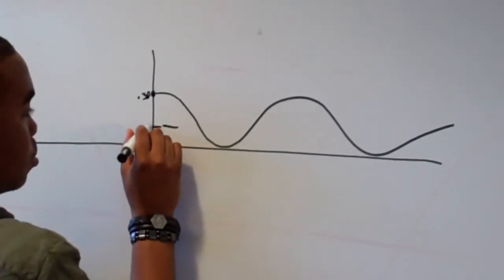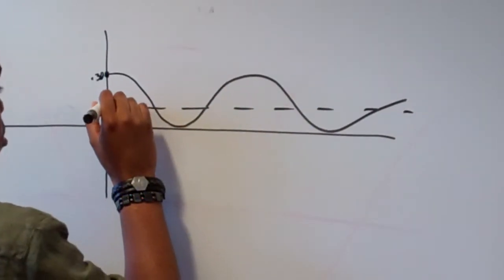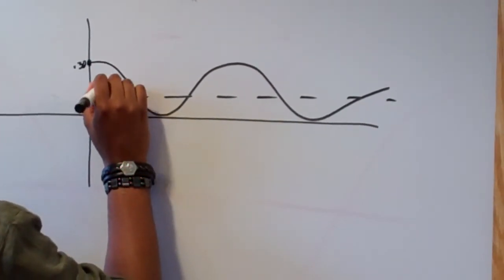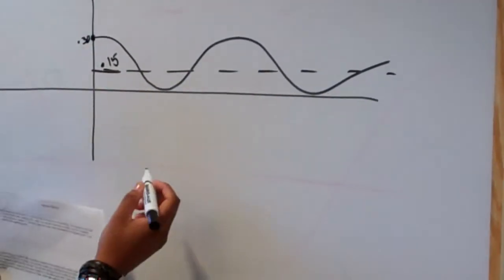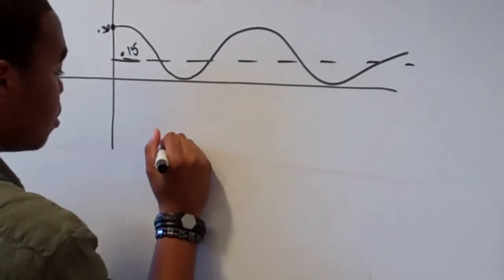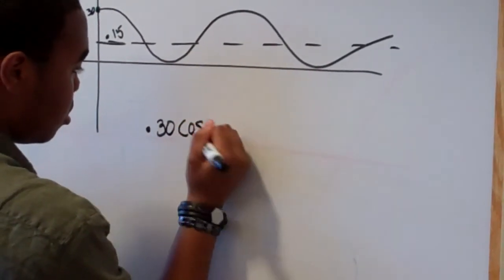And our amplitude is going to be 0.15 because we're no longer at 0.